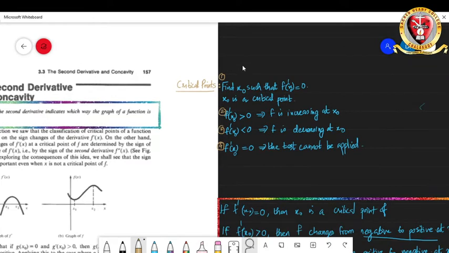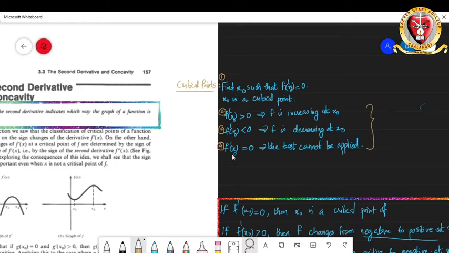As a quick recap, we already mentioned critical points in the last section. Critical points are those points such that f dash of those points is equal to 0. And also we mentioned the increasing decreasing test, which said f dash of x naught strictly greater than 0 will imply that the function is increasing at x naught. f dash of x naught strictly less than 0 will imply f is decreasing at x naught.